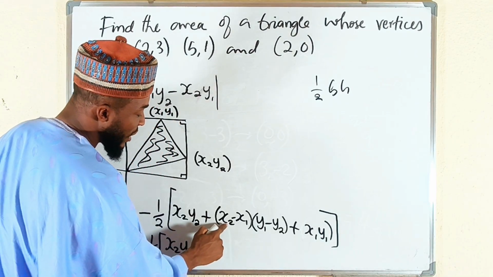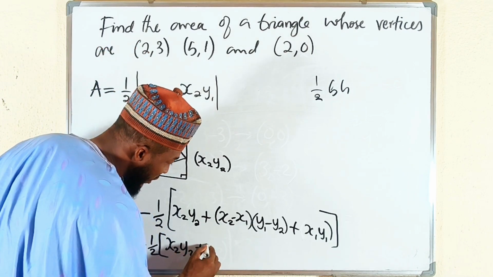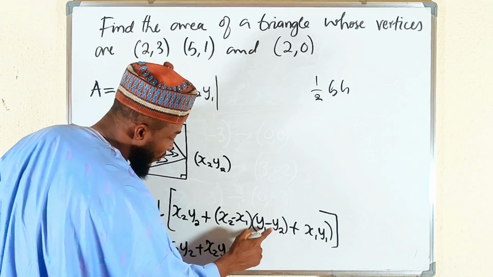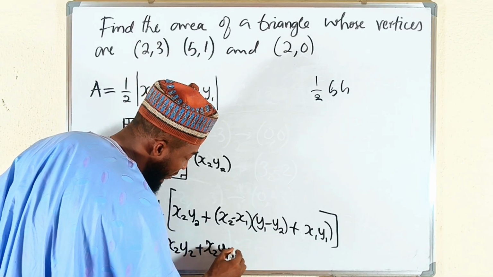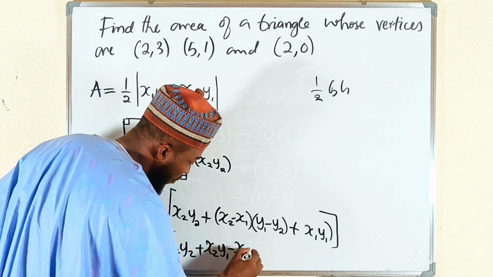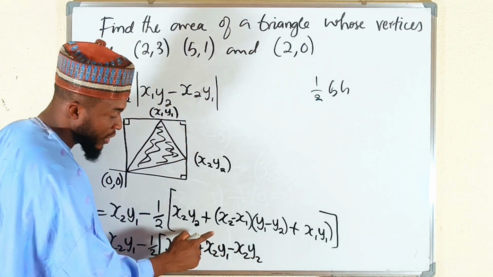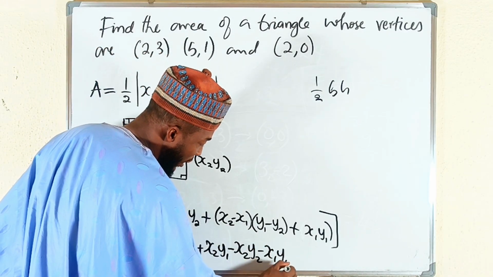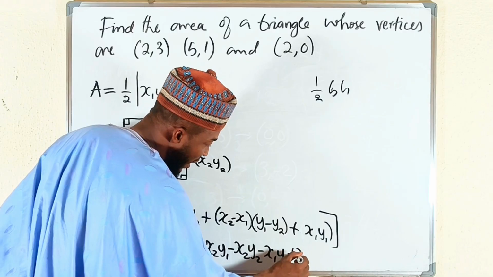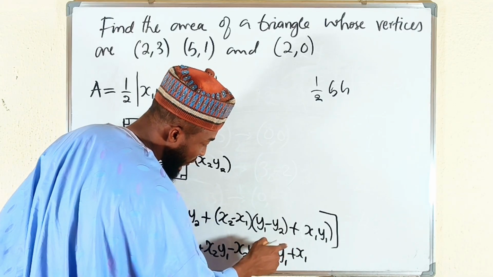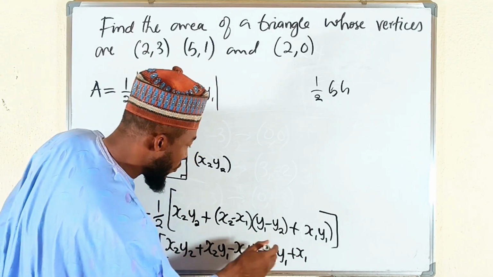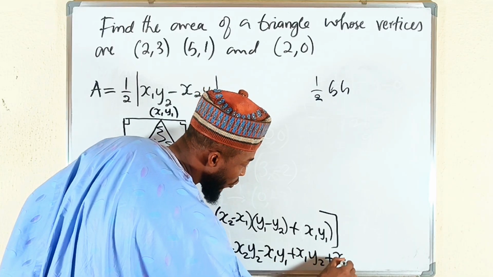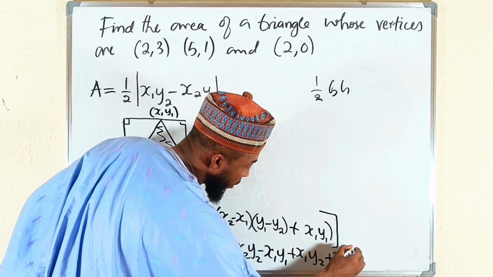this will be x2, y1, x2, y1, x2, y2 minus x2, y2, then minus x1, y1 plus x1, y2. Then we still have x1, y1 here.